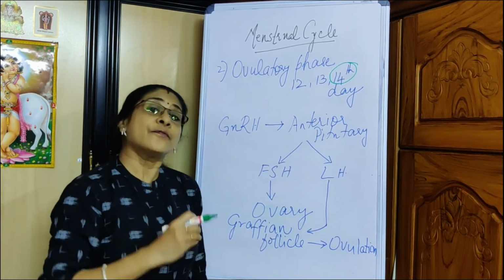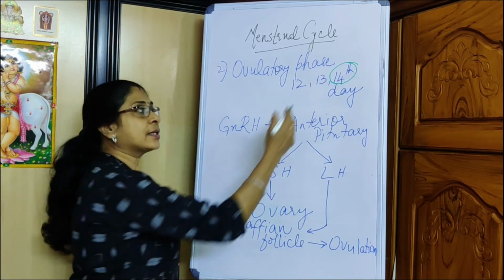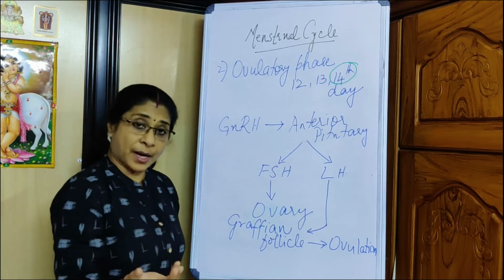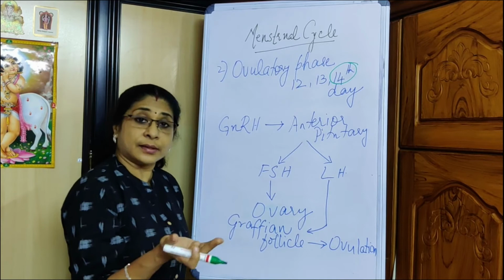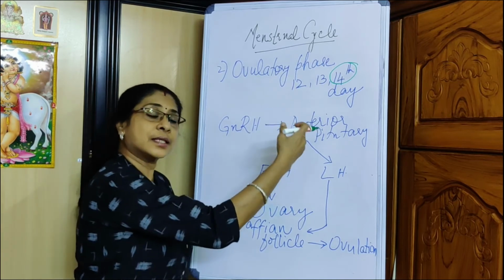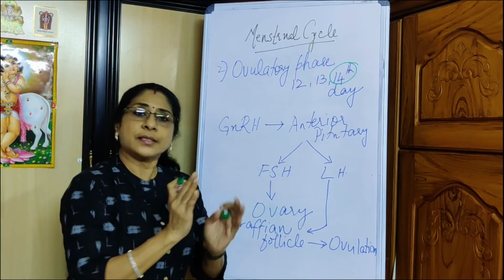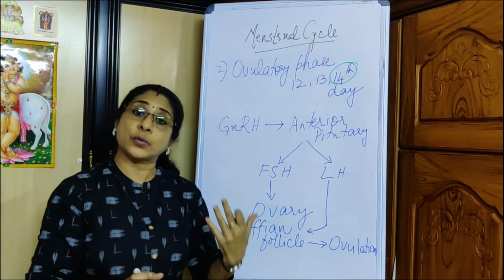So if you are asked when exactly does ovulation happen, theoretically it happens on the 14th day of the menstrual cycle. But there may be cases where the ovulation may happen on the 12th day, the 13th day, 14th day or 15th day. But typically speaking, theoretically speaking, it happens on the 14th day.